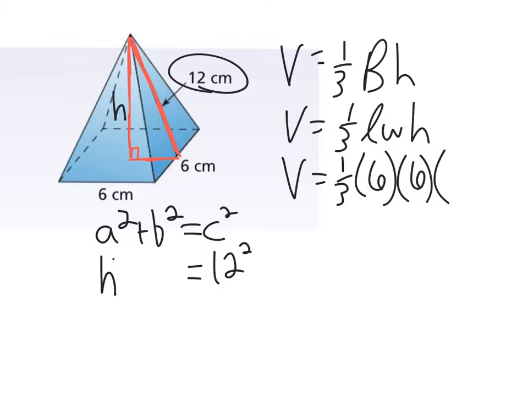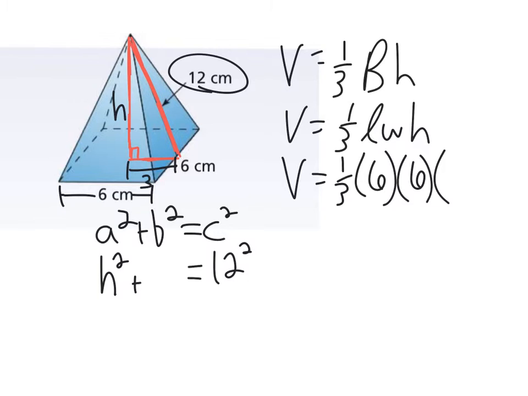The height is one of the sides we're trying to find. And then 6 goes all the way across this. If we're going straight down from the top, that's going to go right to the center, which means it's going to split that side in half.